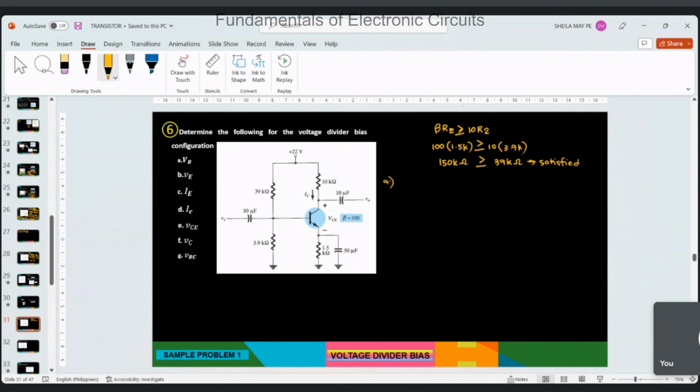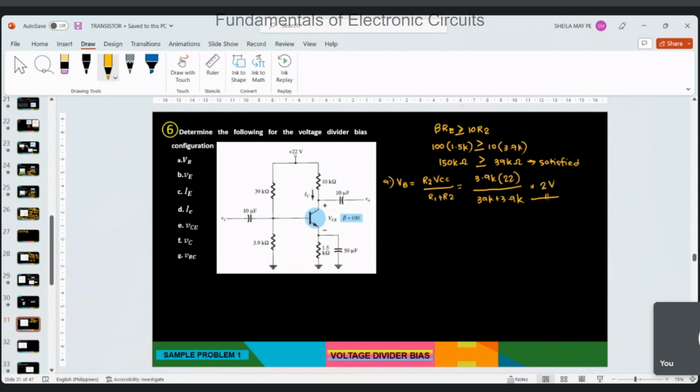In approximate analysis, we must find first our VB with the formula of R2 VCC over R1 plus R2, R2 at 3.9K multiplied by 22, over R1 at 39K plus 3.9K, and that is 2 volts.